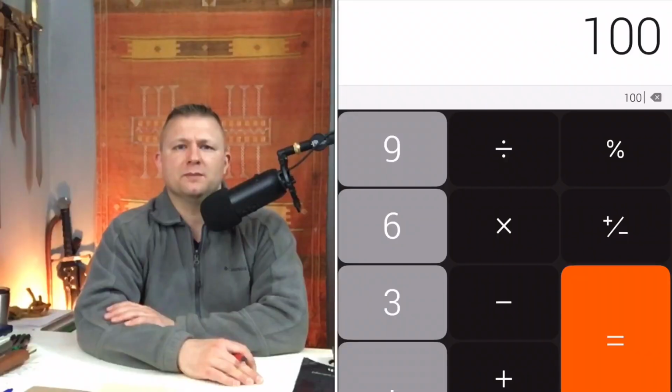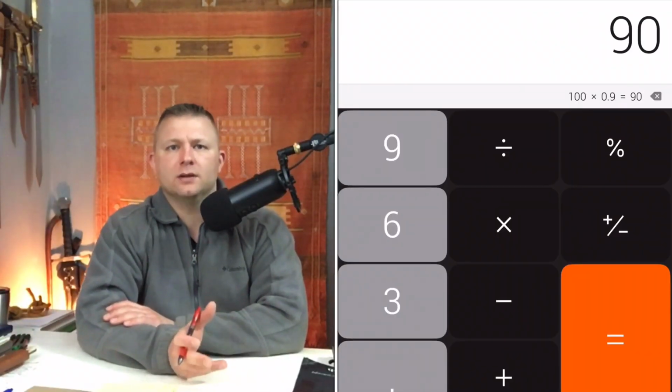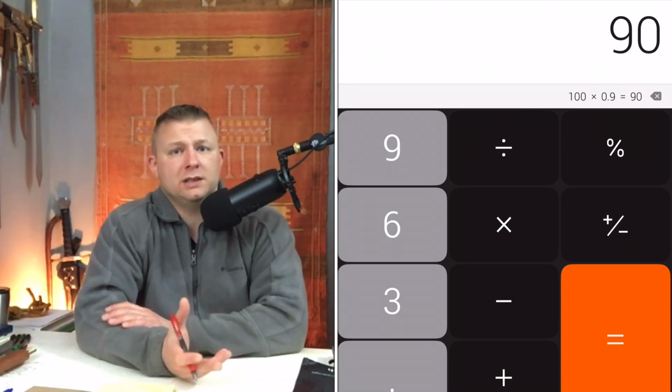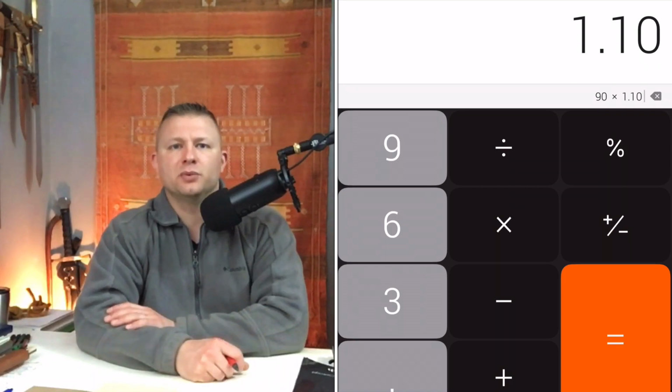Right? No, actually. I'm no math whiz, but I can do this math in my head, and that's why I'm using these easy numbers. So walk this out with me. If you've got $100 and you lose 10%, that's $10. So 100 minus 10, you're at $90. But then in day 2, we said that you gained 10% back.